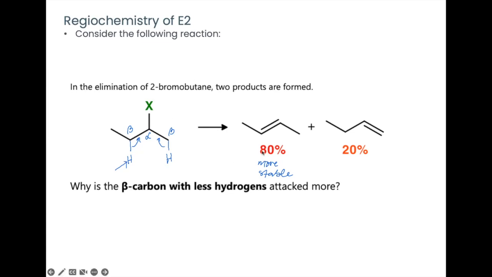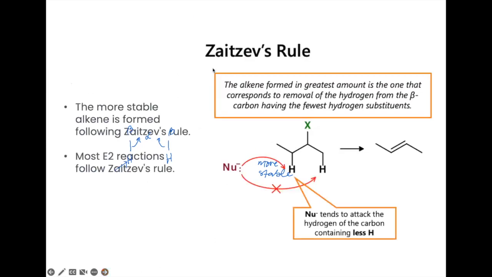Right? So that can help stabilize your alkene. That is why this proton is the one removed to form the double bond as compared to this. Right? So it has something to do with that kind of stability.